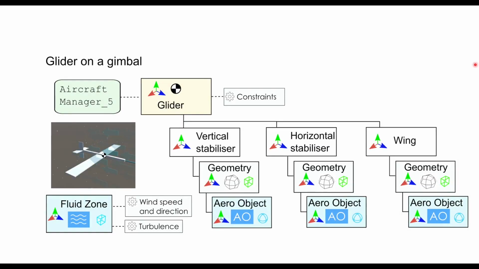This is our scene diagram for our aircraft. It's actually not a lot different to the weather vane. All we have now is an extra object on the end, which is our wing, and it's exactly the same format as the vertical and horizontal stabilizers, and they're all applying their forces to a centre of gravity on what's now called the glider.